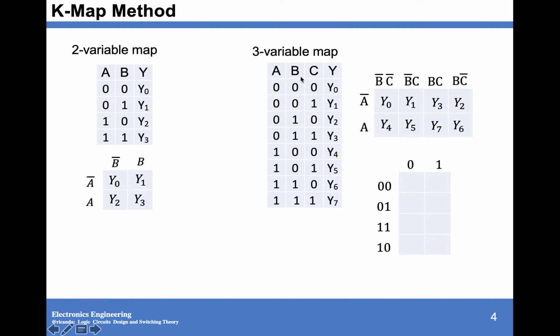For this side that will be your AB, and the upper side will be your C. So we change that in terms of the variables: A bar B bar, A bar B, A B bar, and then AB. Then we have C bar and C. For the locations, we have Y0, Y1, this is Y2, this is Y3. This will be your Y4, because we have A B bar C bar, that is 100, or 4. This is 5, this is Y6, and Y7.